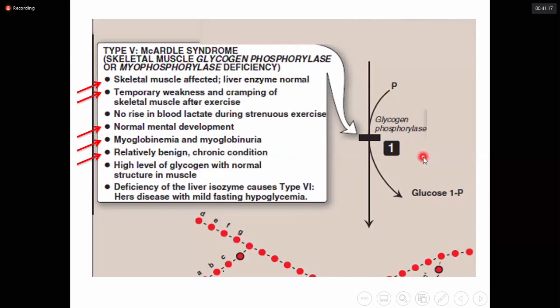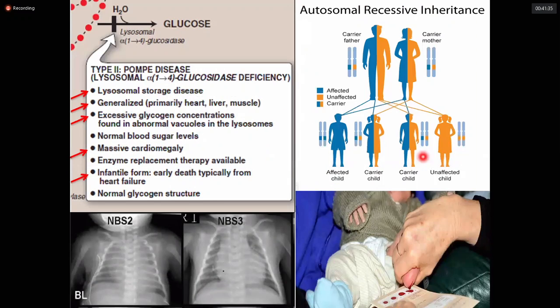This enzyme is not present, and therefore the glycogen accumulates in the muscles, leading to McArdle disease, affecting the function of muscles and related to other conditions like, for example, hypoglycemia, because you are not producing the glucose from these cells.